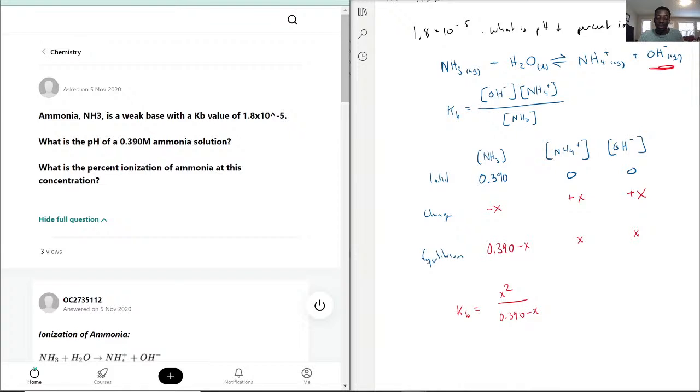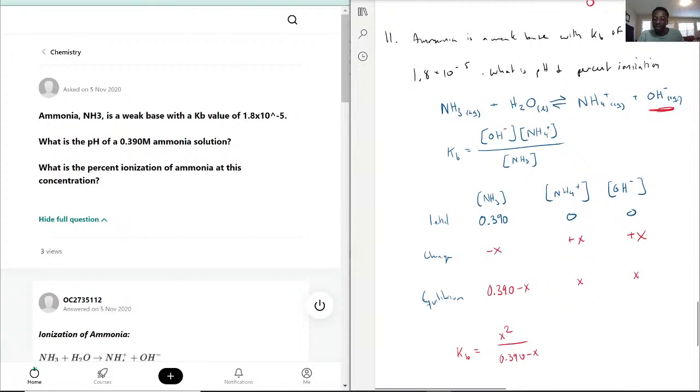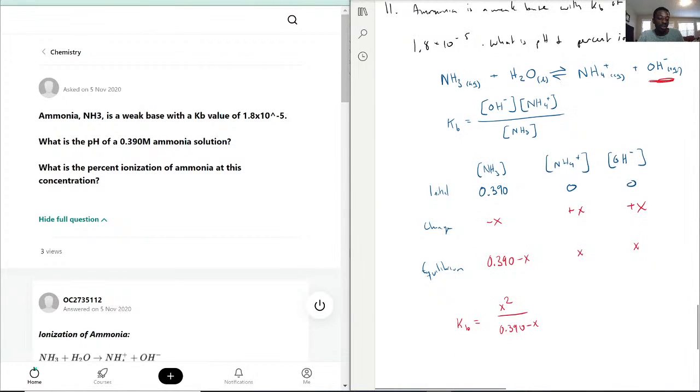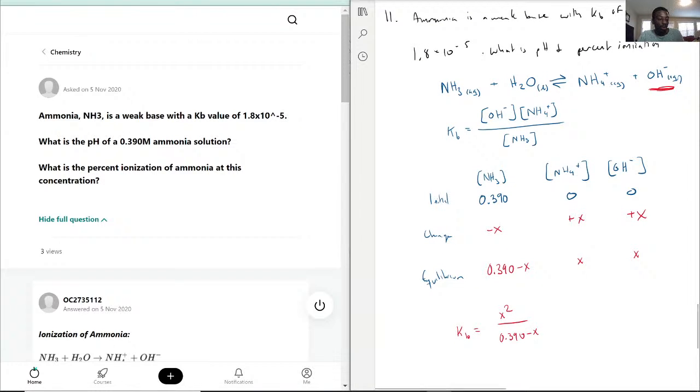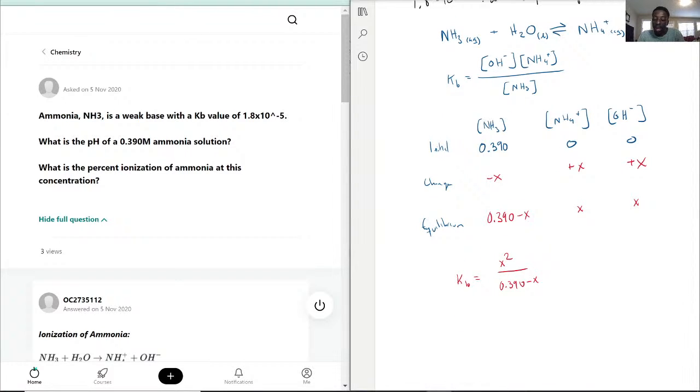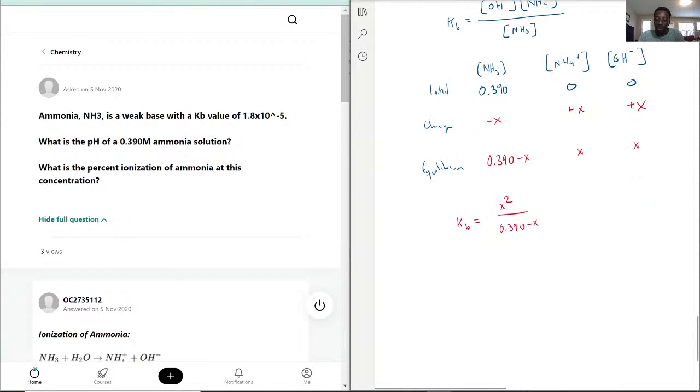The way we do that is to see if the concentration is at least 1,000 times bigger than our Kb value. So we divide 0.390 by 1.8 times 10 to the negative 5. And wow, it is at least 21,000 times bigger than our Kb. So with that being said, our formula now becomes like this.